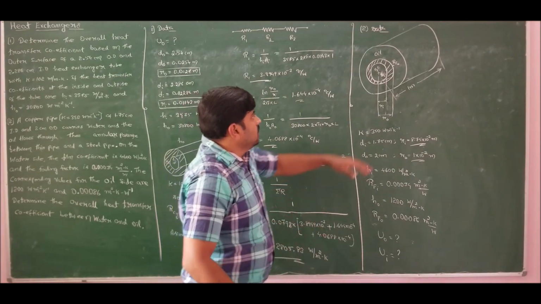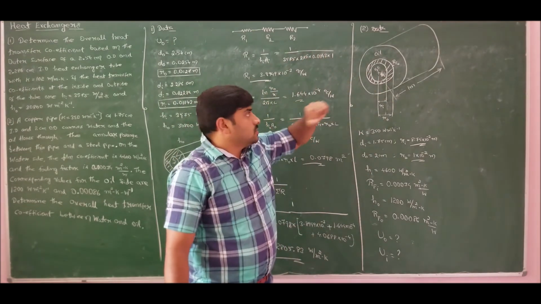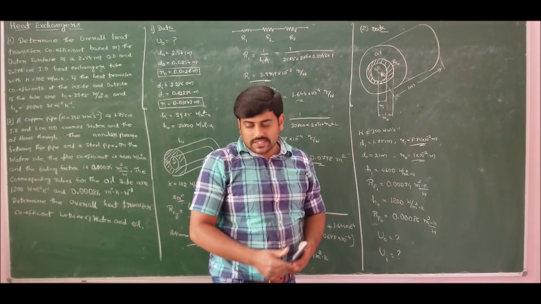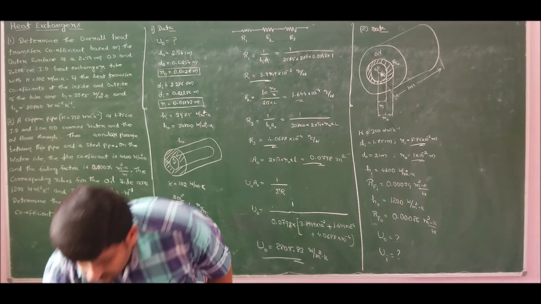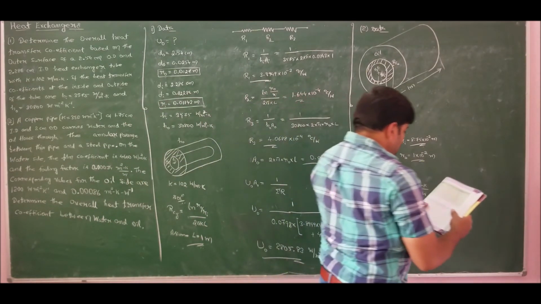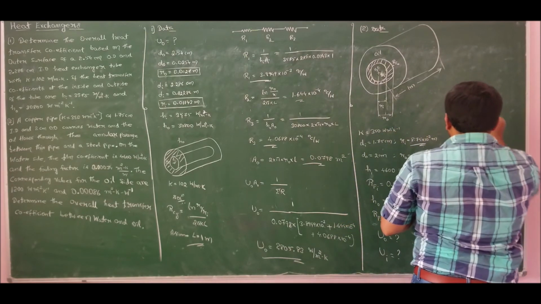Whenever we have overall heat transfer calculation based on fouling, kindly make use of the data handbook. If I refer to page number 157 of our data handbook, we have the formulas for overall heat transfer coefficient for fouled heat exchangers.